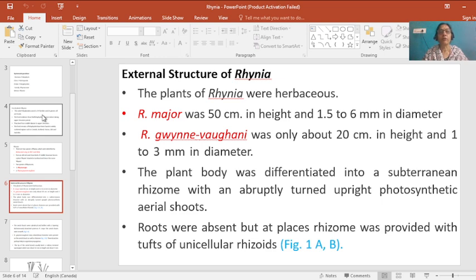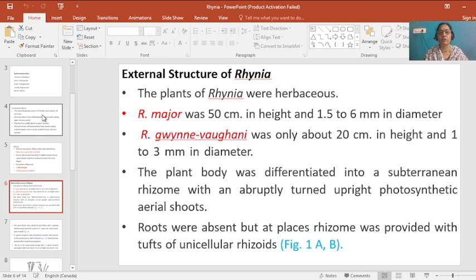If you see the morphology of Rhynia, the plant body is herbaceous, where Rhynia major is 50 centimeters in height and 1.5 to 6 millimeters in diameter, while Rhynia gwynne-vaughanii was only 20 centimeters in height and 1 to 3 millimeters in diameter.